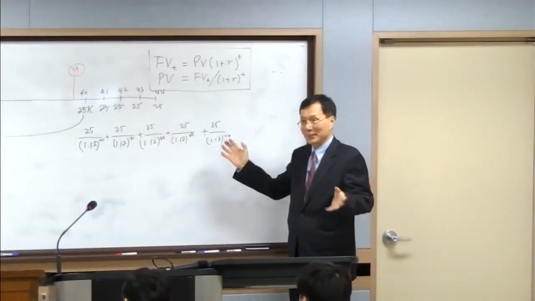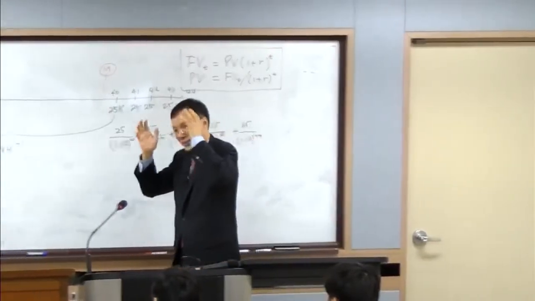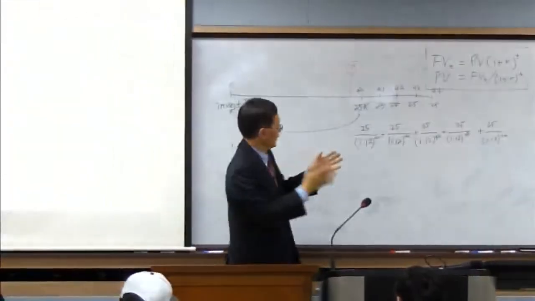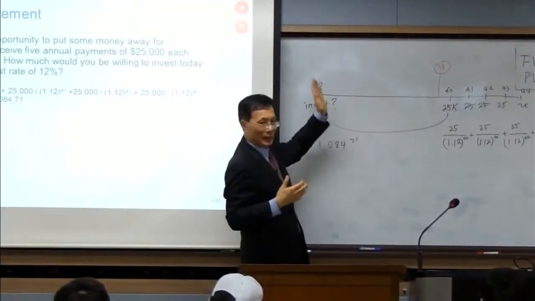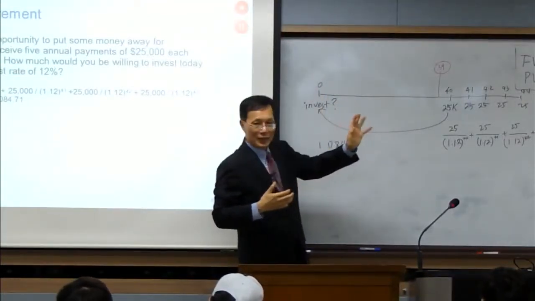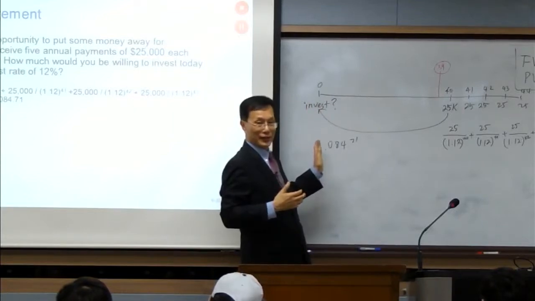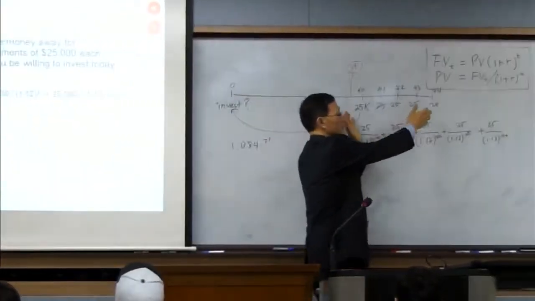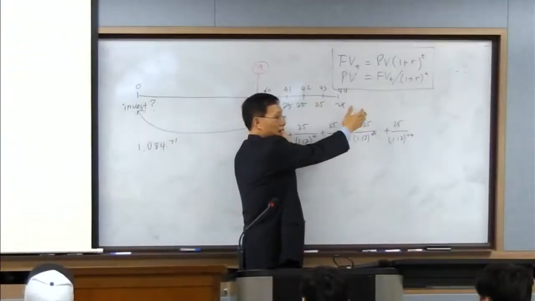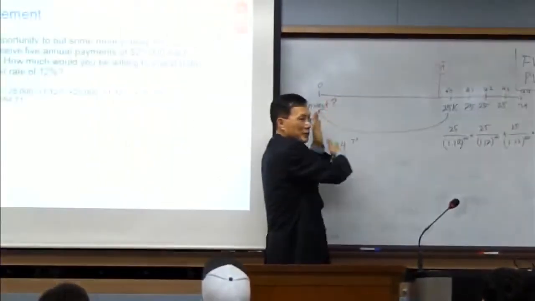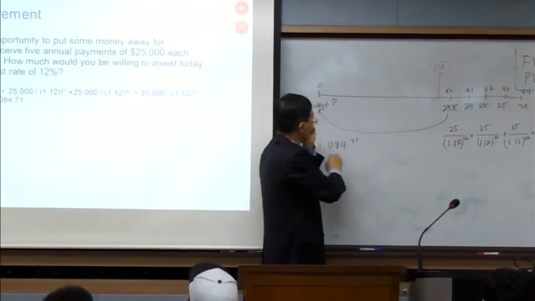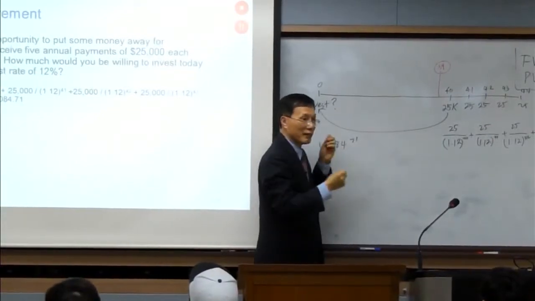Are you with me? Now suppose, think in this term, okay? What we are doing is comparing today's dollar with today's dollar. Okay? In other words, 25,000 each year for 5 years, discount it back to the present and present value of the cash flows with the amount that I invest.